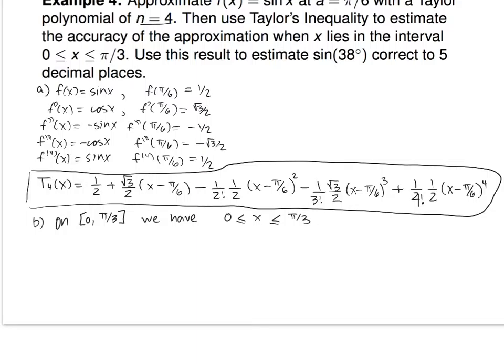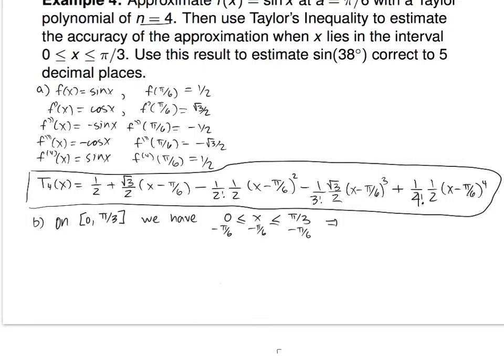Here's the thing. Remember how last time we got x minus 1 by taking away 1 from each spot? How are we going to get this to be x minus pi/6? Subtract pi/6. And if you do pi/3 minus pi/6, a third minus a sixth is a sixth, right? I know you can't all do fractions in your head, but I think you can probably do that one.